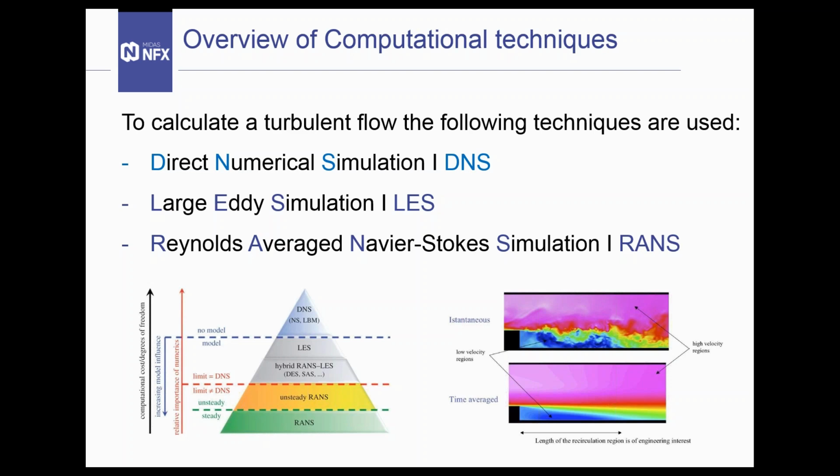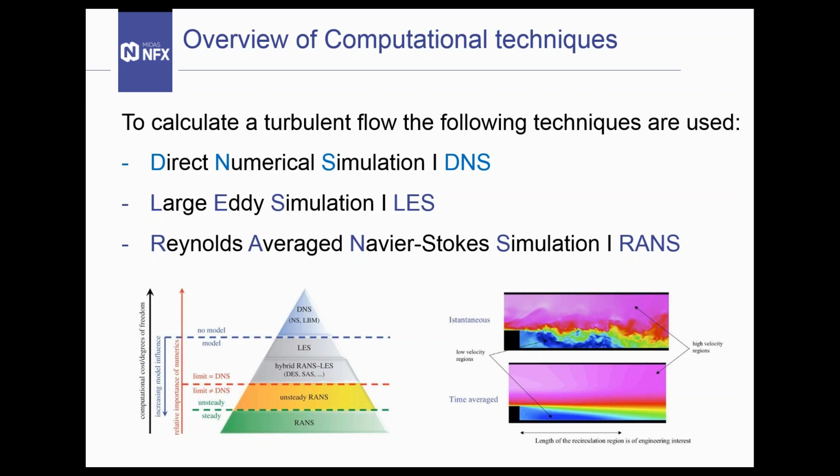So what does this algorithm do? Basically, the CFD problem is solved by Navier-Stokes equations, and this algorithm resolves all the scales of the turbulence by solving those Navier-Stokes equations numerically without any turbulence modeling. So this is the direct approach.